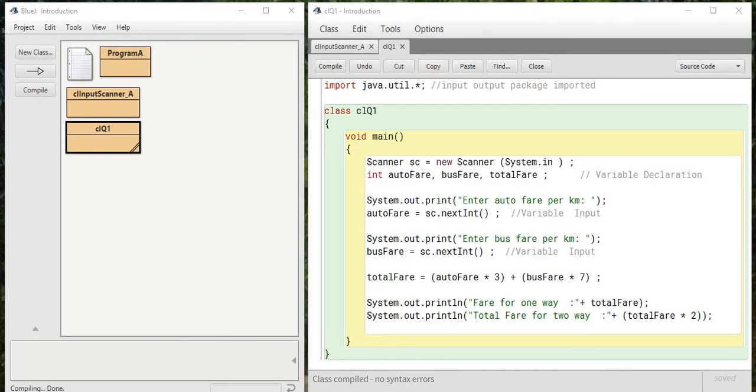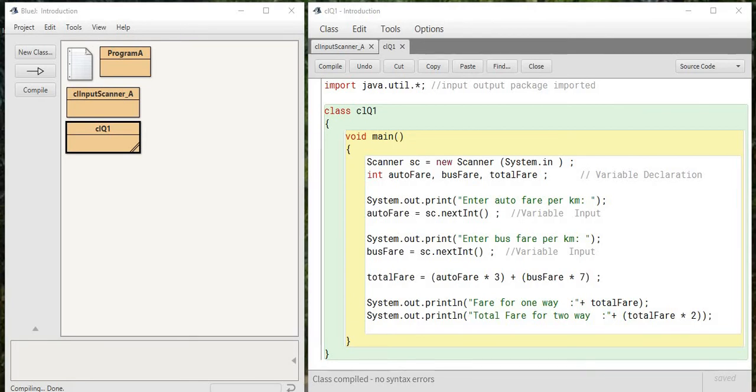The answer says to enter the auto fare per kilometer, because the auto fare and the bus fare per kilometer are different. So auto fare is entered, bus fare is entered, total fare is calculated: because it is 3 kilometers in auto, therefore auto fare per kilometer into 3, plus 7 kilometers in bus, therefore bus fare into 7, right?